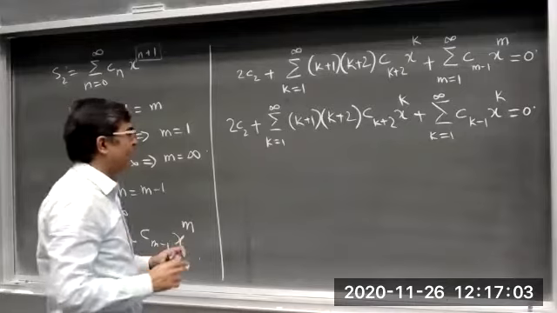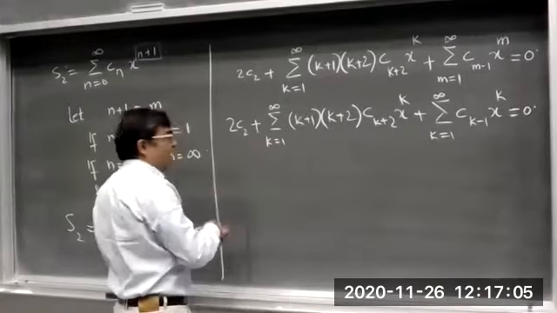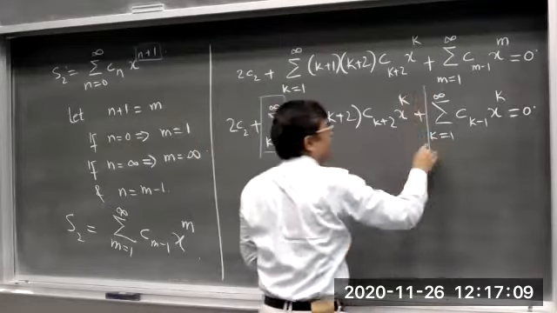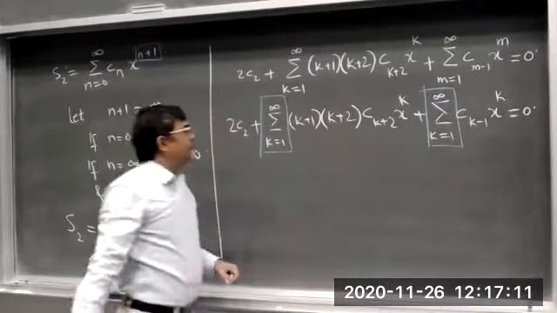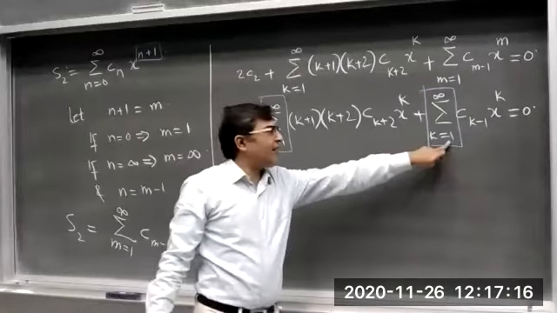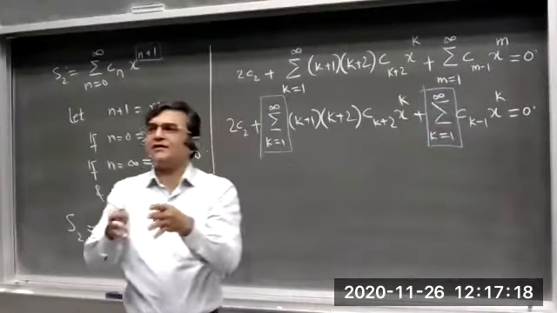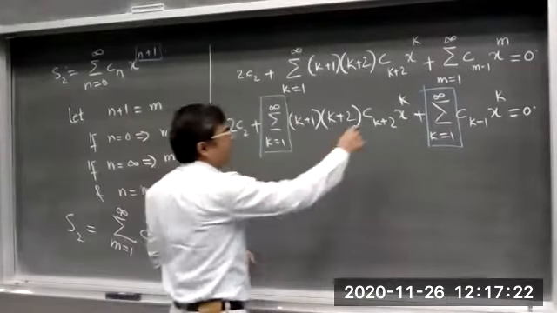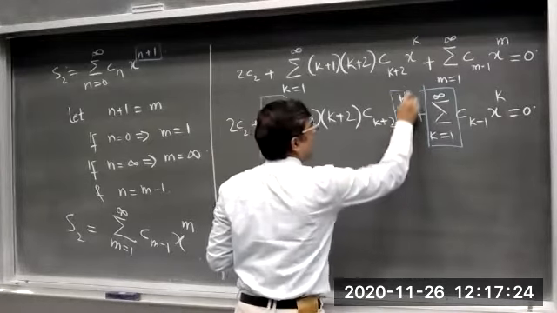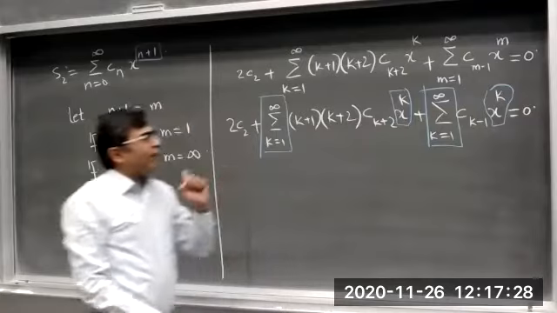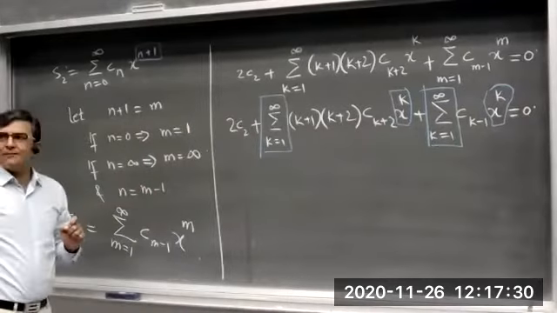Now you can see that in both series, the summation index is the same. They start from 1 to infinity. So we can take this summation outside these two terms. Similarly, here we have x power k and here x power k, so the exponents of x are also identical.